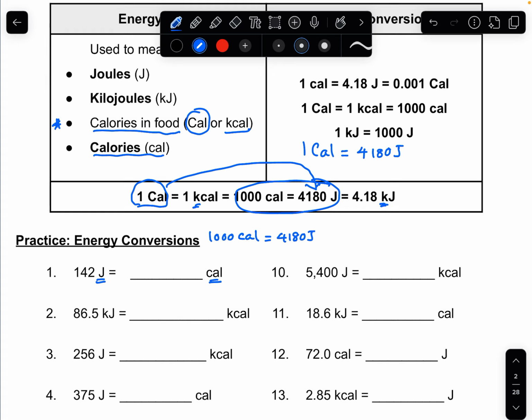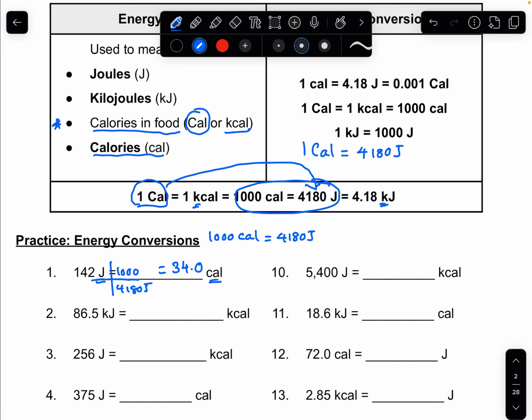Okay, if you want to draw a T chart, you can just go quickly draw a T chart. 4180 joules, you divide with that and then multiply with the 1000. Then you will get 34.0. Since there are 3 sigfigs, we will write in 3 sigfigs.